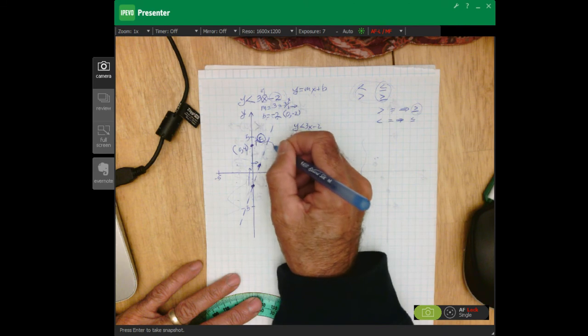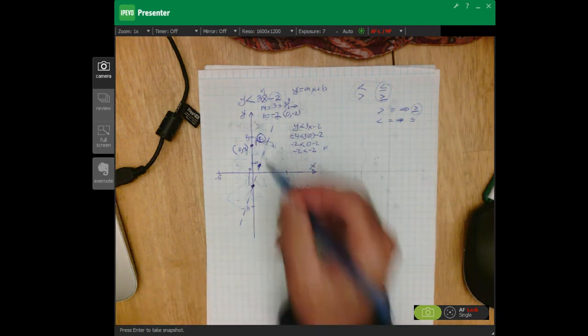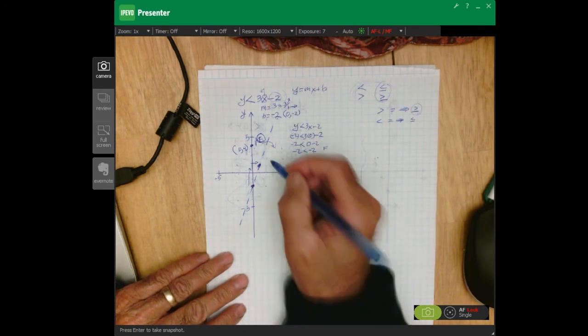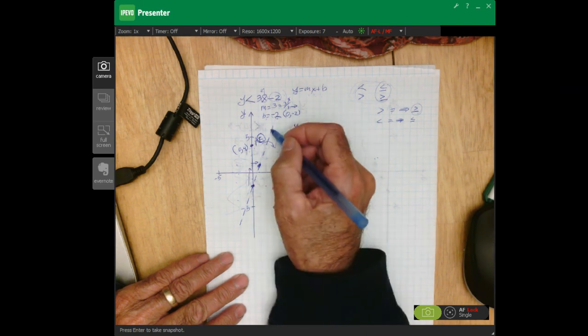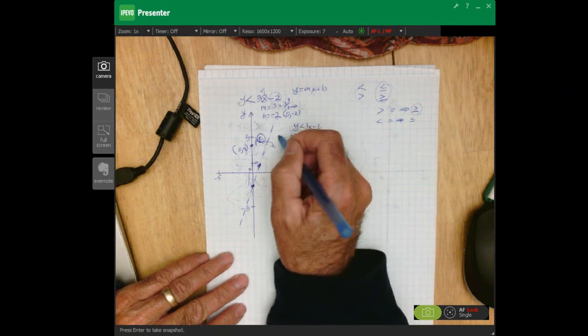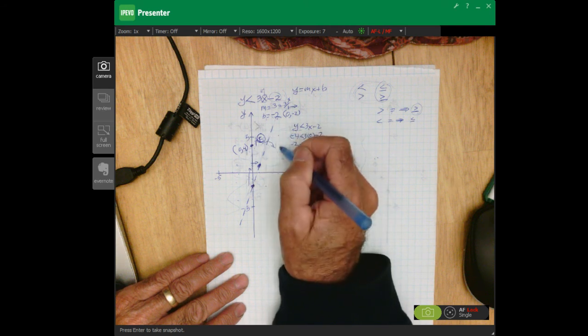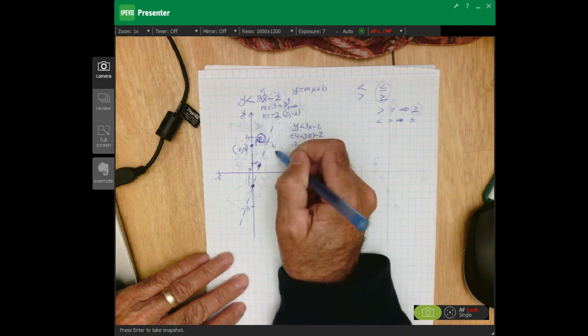That means we go to the other side and we pick, and then we know every point on this side will be true. We don't have to test it again, okay? Because we know that's how that border works. One side is true, one side is false. And so if this side is the true side, that would be false. We know now because we tested it, this is the false side. That means this has to be the true side.